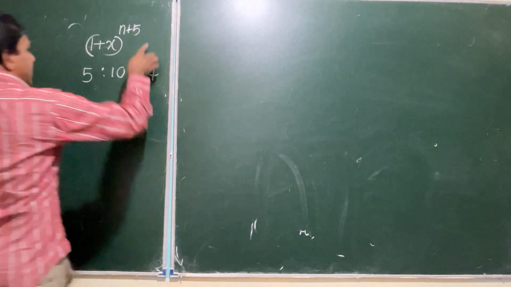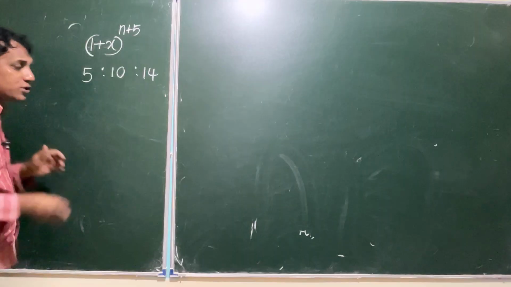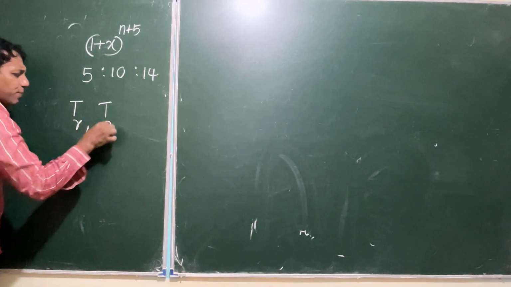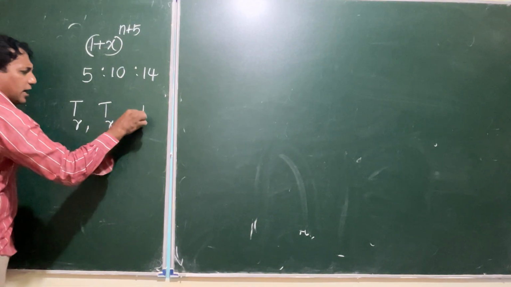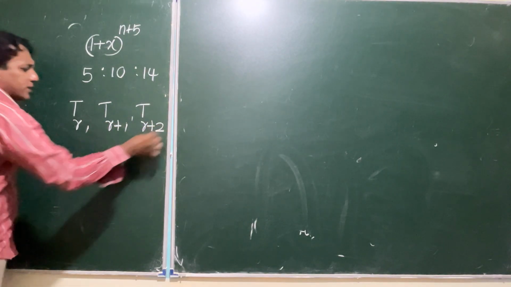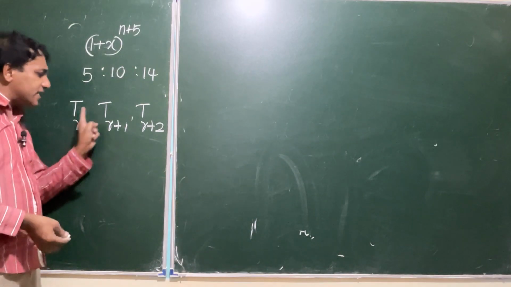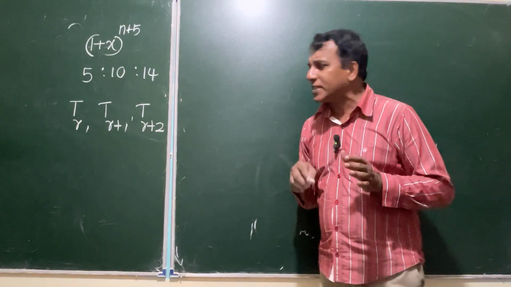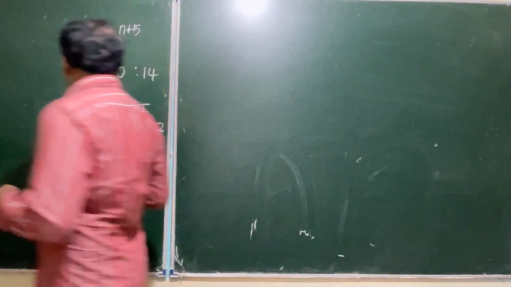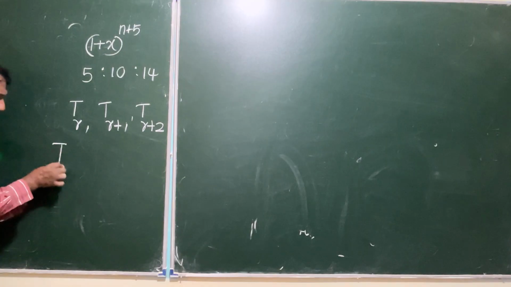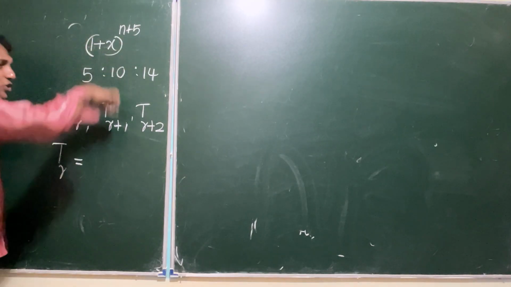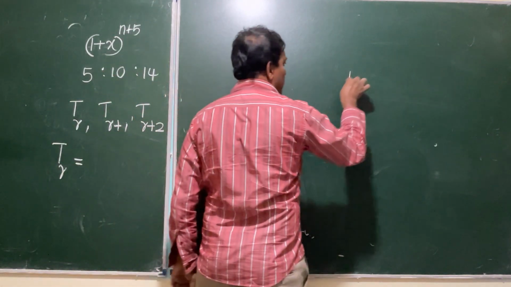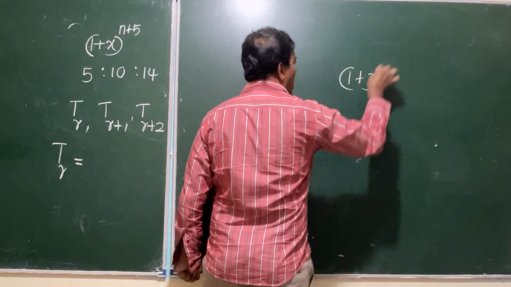So, the three successive terms are the rth term, the next r plus 1th term, and the next r plus 2th term, and so on. Let me revise a small part of the binomial expansion of (1 plus x) to the power n.